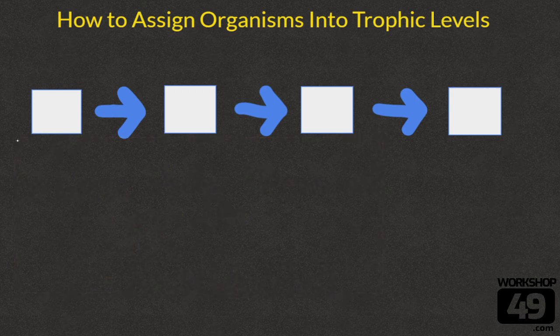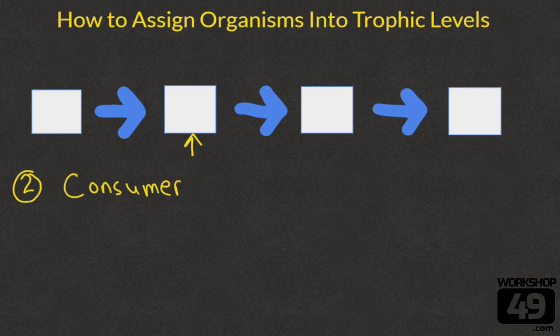Let's go ahead and look at what the second trophic level would be. In the second trophic level, something that would go in the second square of a food chain, so number 2, is a consumer. Consumers means they eat living things. They don't collect energy from the sunlight like green plants.